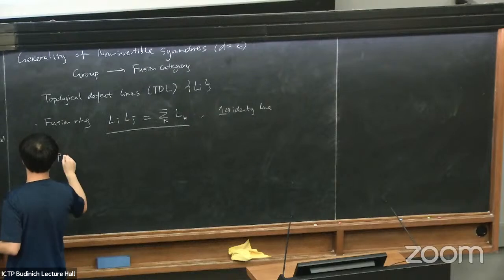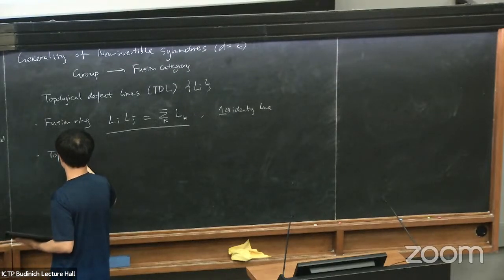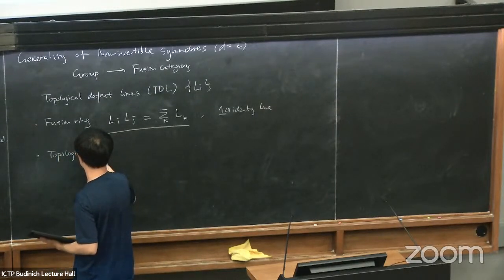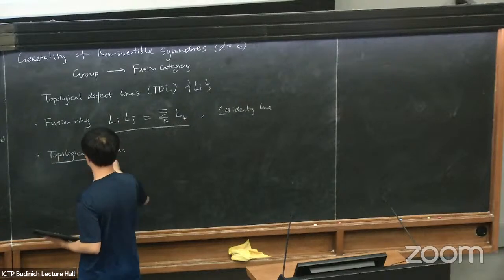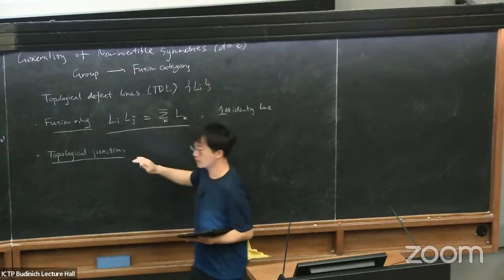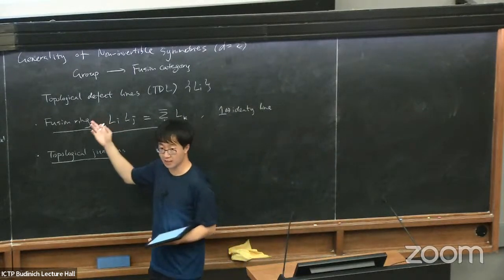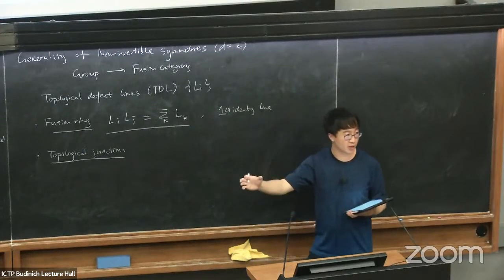Another notion that already arose in the context of discrete symmetry and generalizes beyond the fusion ring is the notion of topological junctions. The existence of topological junctions can be inferred from the topological property of these lines, but specifying these junctions individually requires additional data.